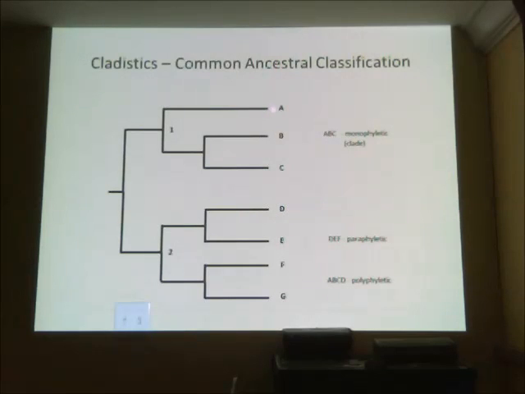So we've got organism A, which is kind of a direct descent from this, and then there's another split, another divergence that occurs here, and we get B and C. If we look at these three organisms, A, B, and C, we say that these are monophyletic.